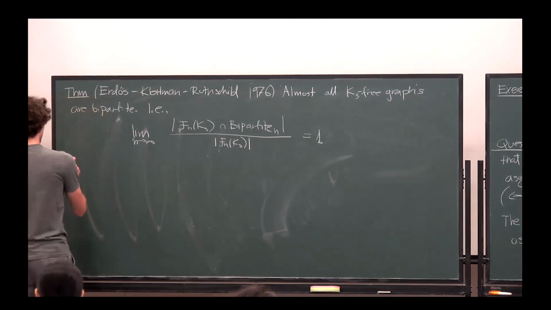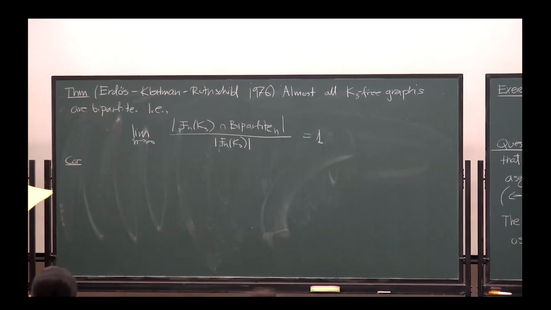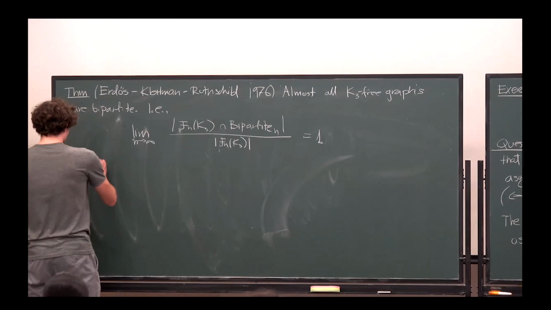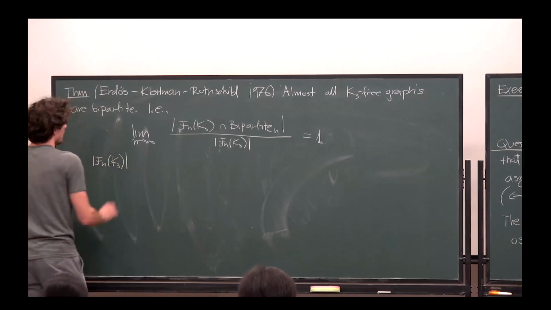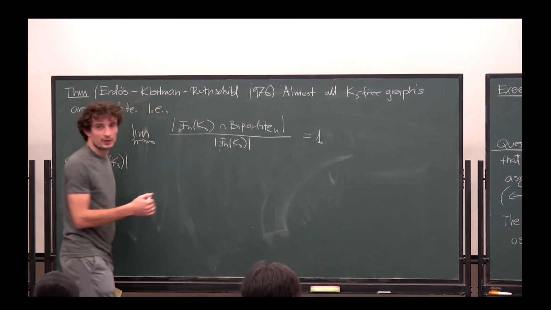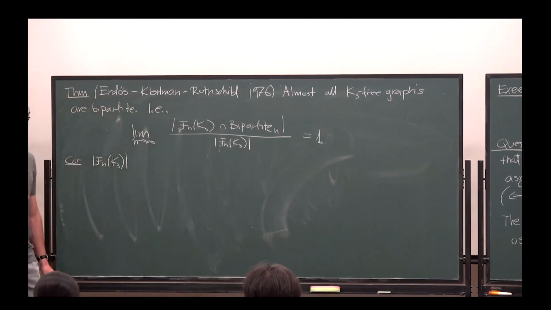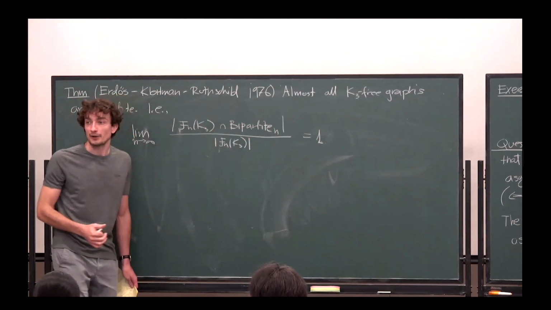And a corollary of this is that we can say something about the number of triangle-free graphs. It's not clear how to count triangle-free graphs. It's pretty clear how to count bipartite graphs.